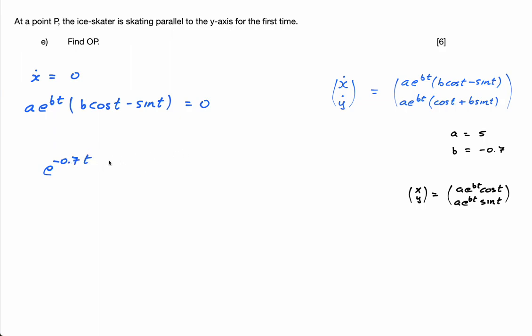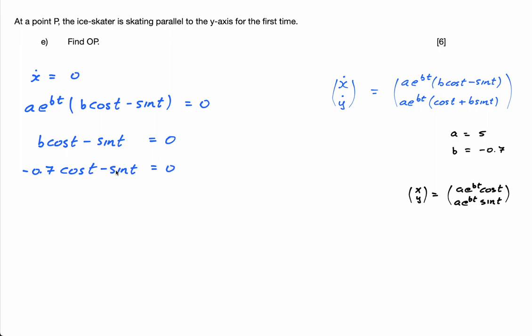That can't be 0, because there will be an asymptote at the x-axis, so that can't be 0. Sketch it if you don't believe me. So b cos t minus sine t has to equal 0. And b, now I'll sub it in, is minus 0.7, so minus 0.7 cos t minus sine t equals 0.